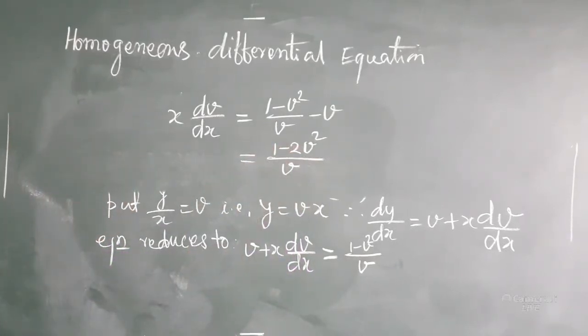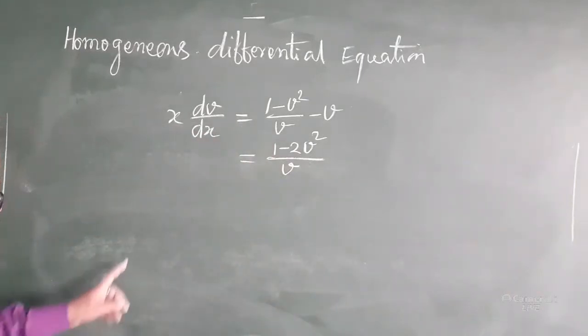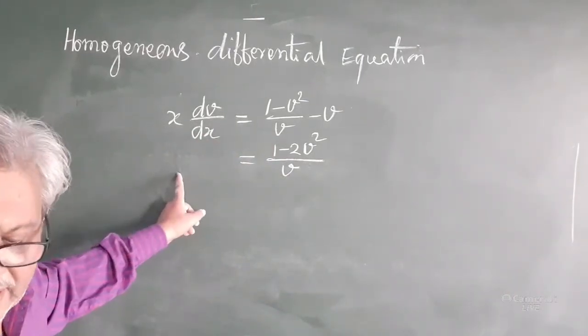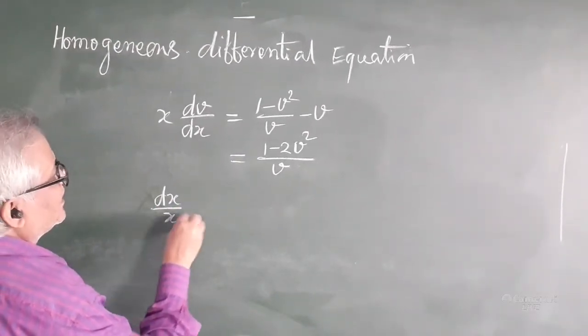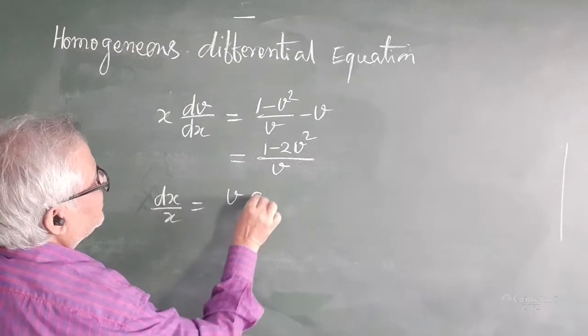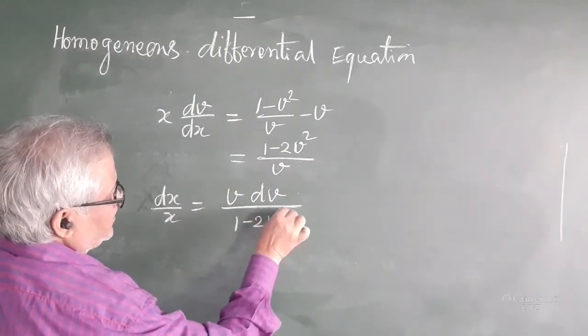Now simplifying it, we have dx divided by x is equal to v dv divided by 1 minus 2v square.